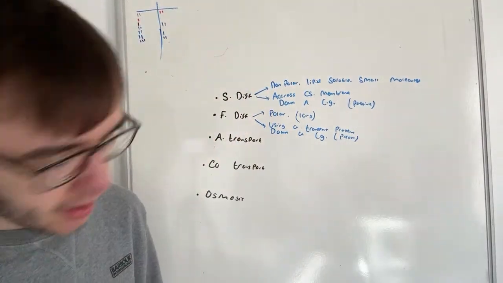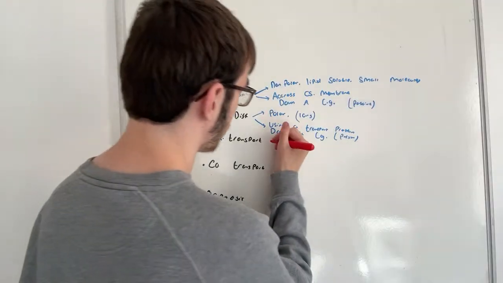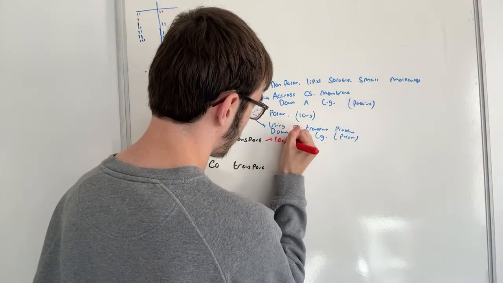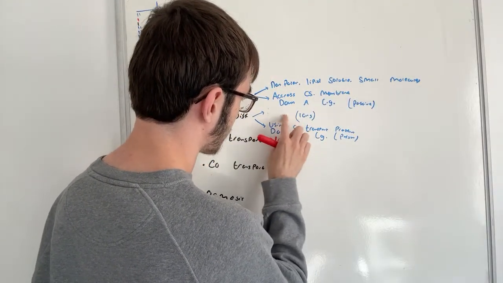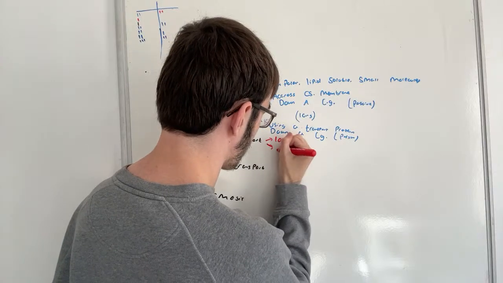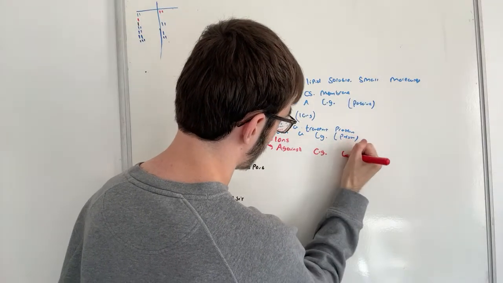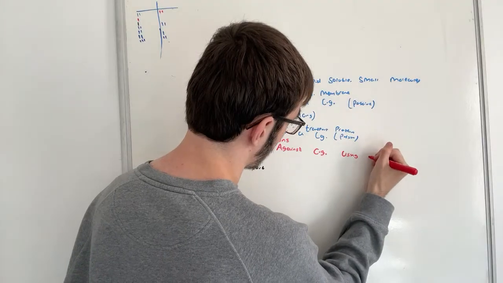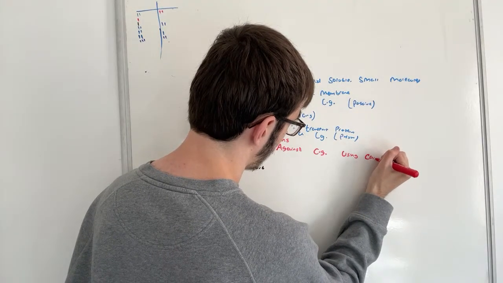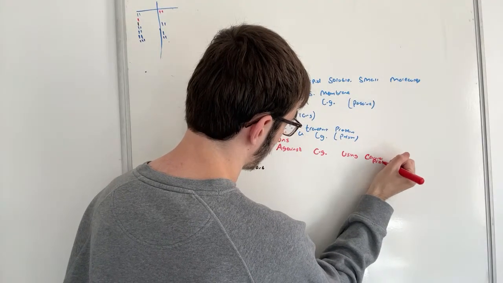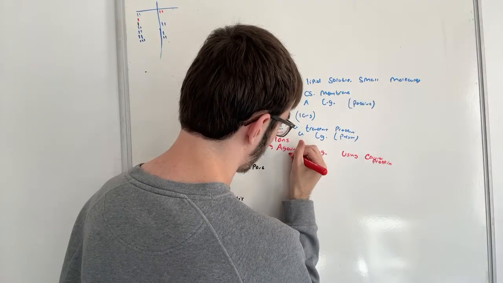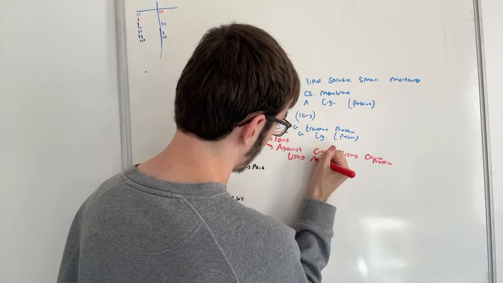Then we move on to active transport. This is the movement of ions against concentration gradients using a carrier protein, and it's going to be using ATP.